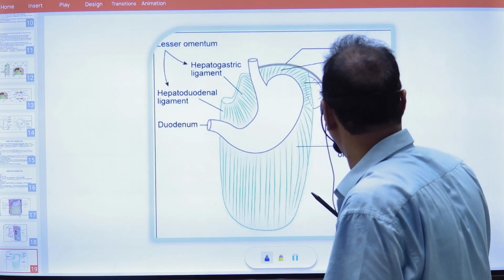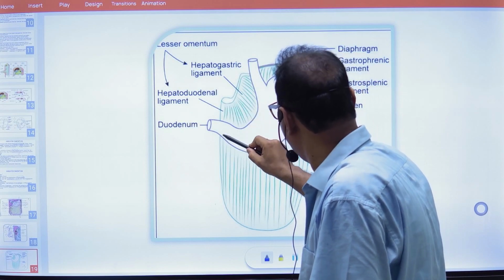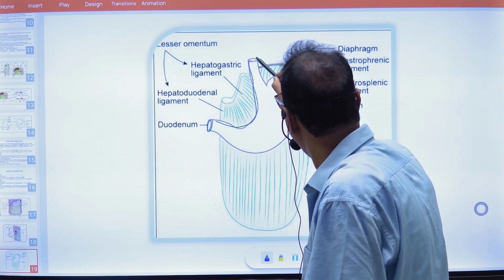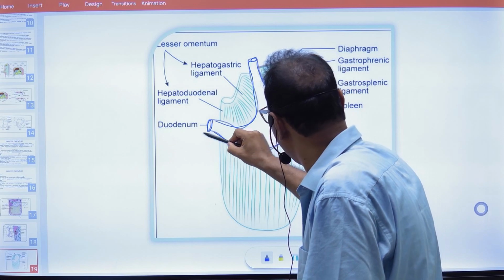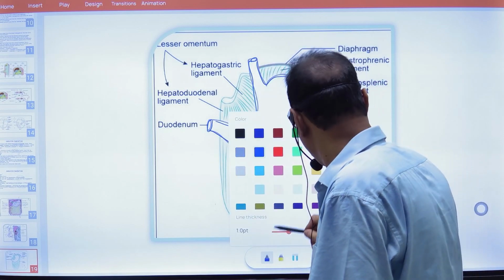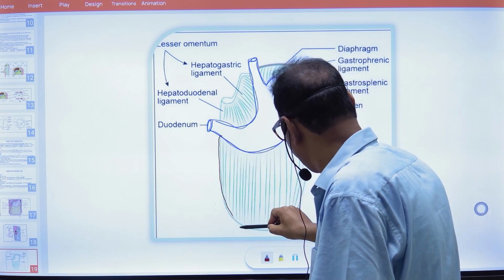Then we have another diagram. This one is the duodenum. Next we have the greater omentum.